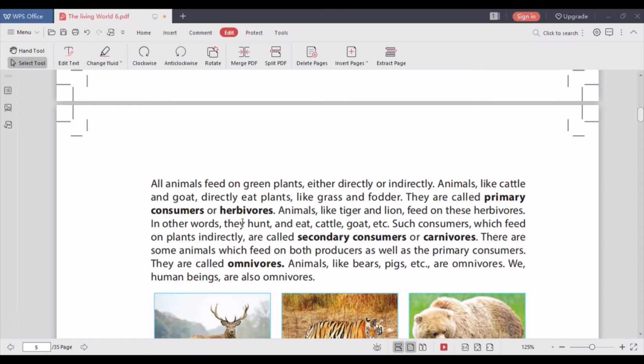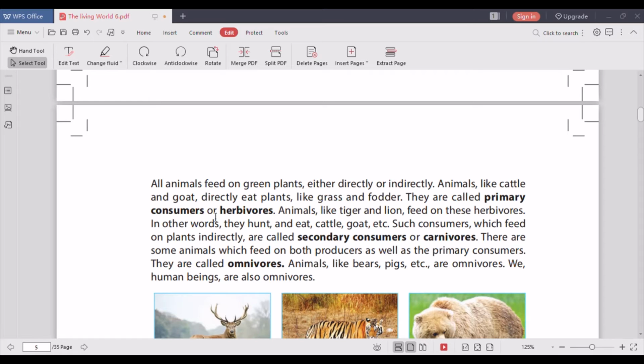They are called herbivores. Animals like tiger and lion feed on these herbivores. In other words, they hunt and eat cattle, goat, etc. Such consumers which feed on plants indirectly are called secondary consumers or carnivores.